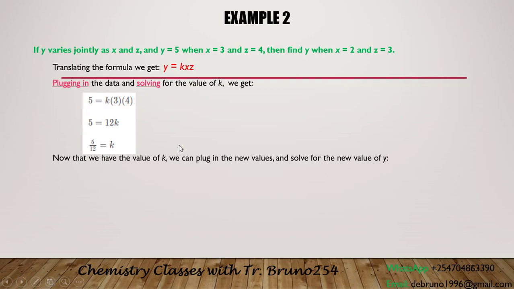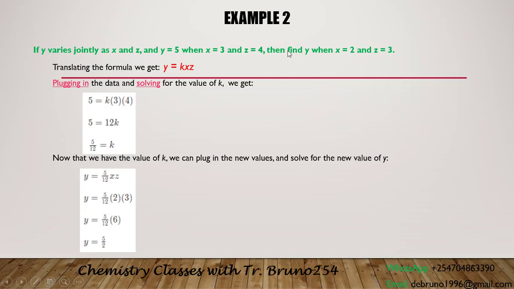Nice. Next step. Now that we have the value of k, we need to replace that value in our previous equation shown here. Now we have y equals the value of k, which is 5 over 12, times x times z.